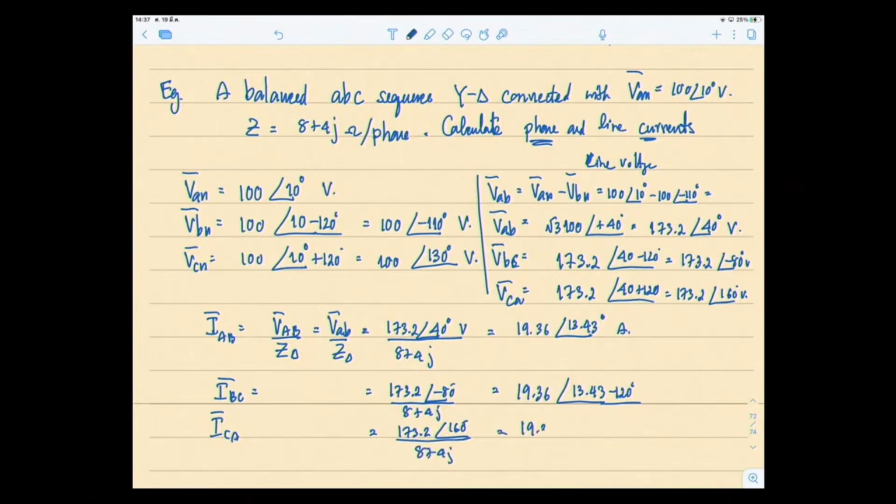So this one would be 19.36, angle would be 13.43 plus 120, so 133.43, right?